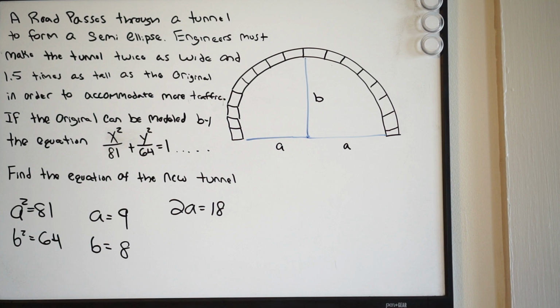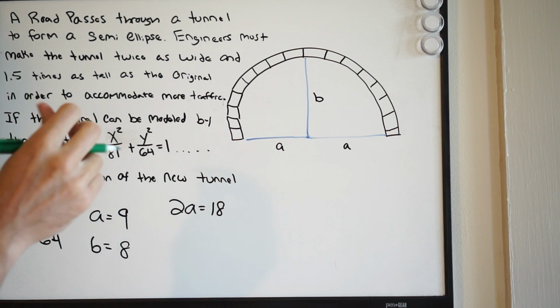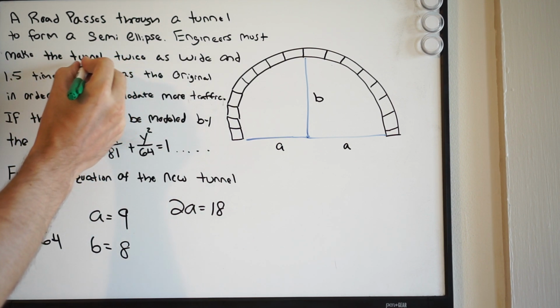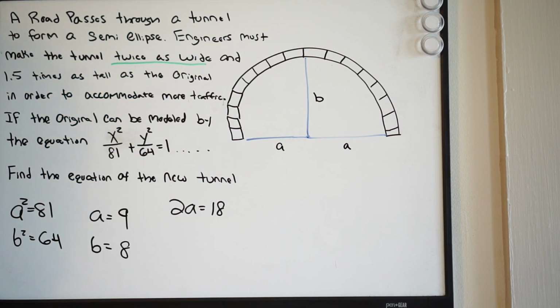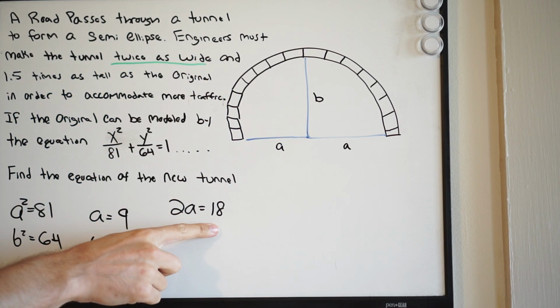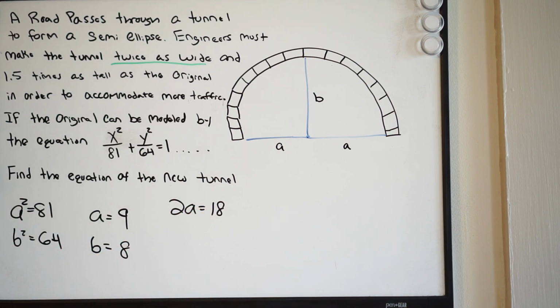However, what does it say here? It says they want to make a new tunnel that is twice as wide as the original. So if this is the original, we need to make this twice as wide. So all you're simply going to do here is do 18 times 2, you get 36. So the width of our new one will be 36.